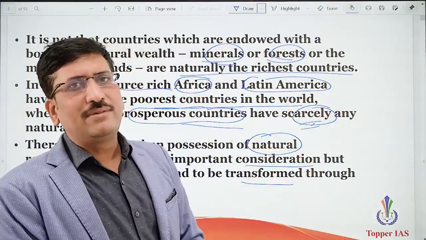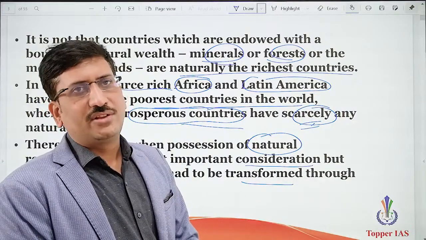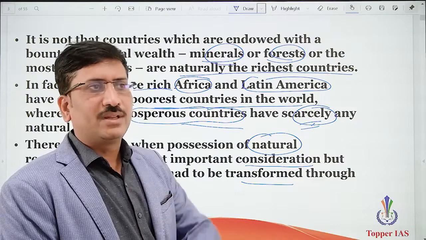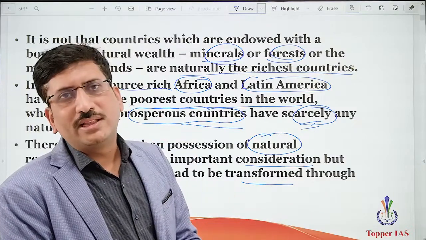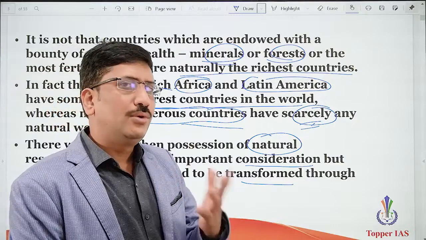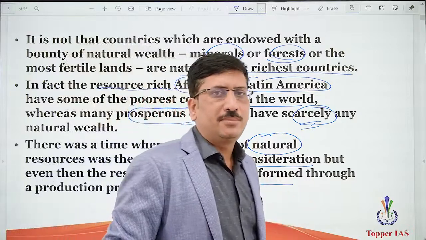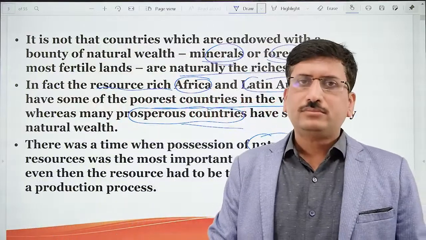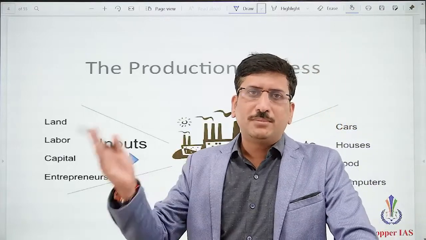Earlier, if somebody had a lot of land, he would be considered the richest. But just think about it: having land, but not able to produce anything out of it. How can a person become rich? The same is the condition with respect to countries. Just by having natural resources, it is not possible to become rich.